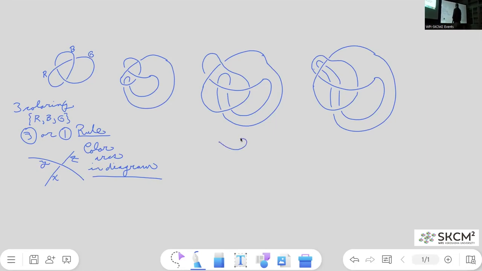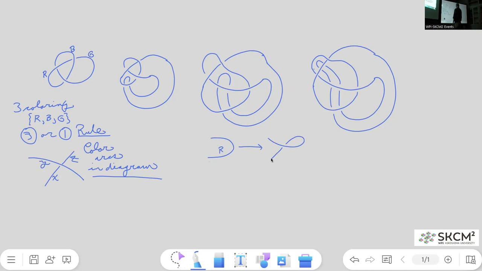Suppose that I have an arc like this, and it's colored red. And I do a Writhe move and turn it into this.